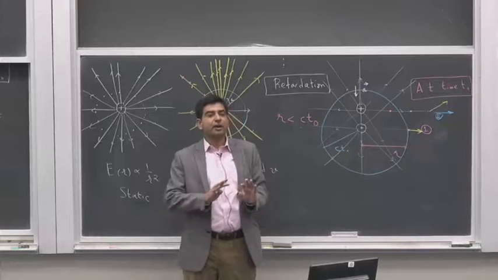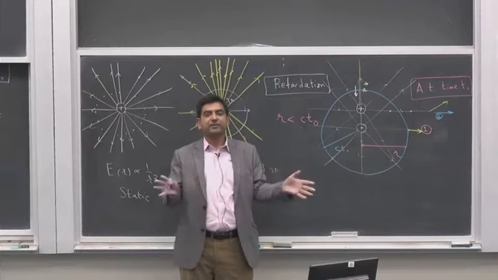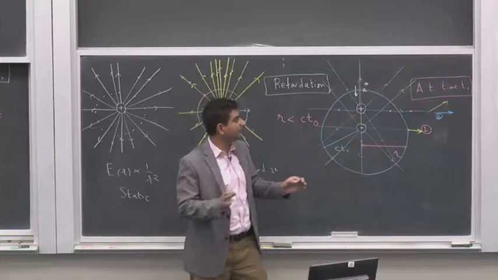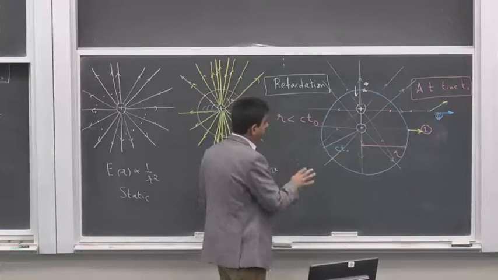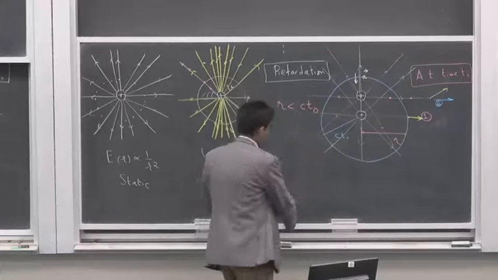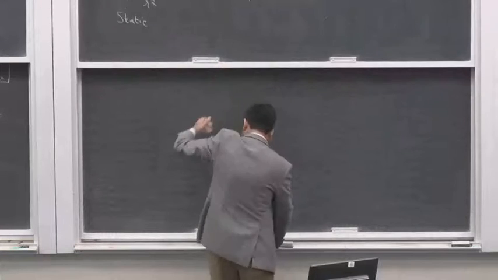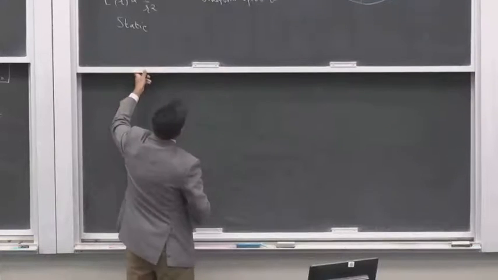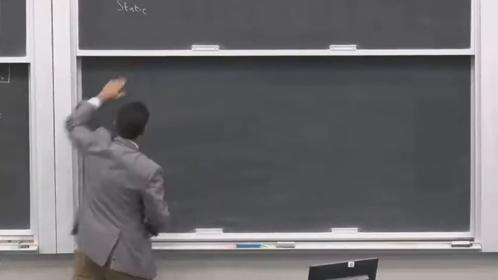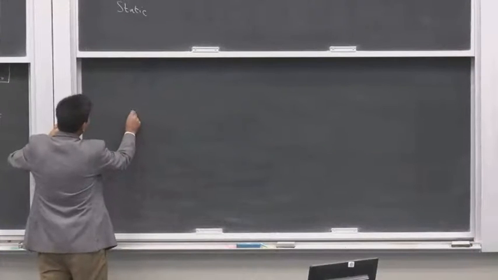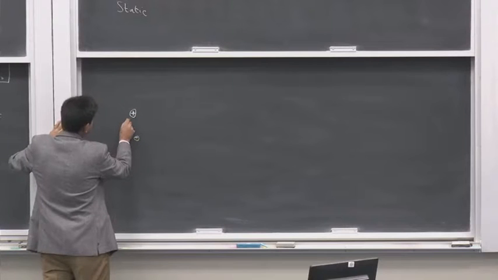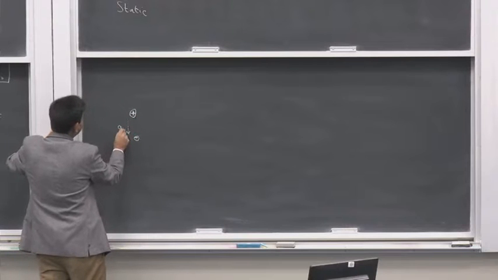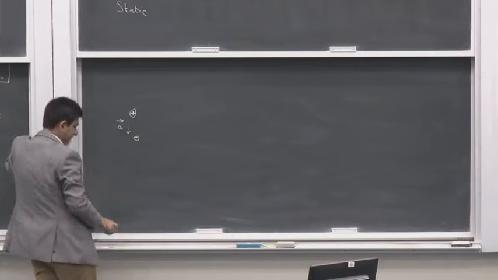Let me try to draw a pattern of electric fields at some point in time t0. And then this will bring home the idea of retardation. So this is an old location of the charge. This is a new location of the charge. This is the direction in which the charge is accelerating.